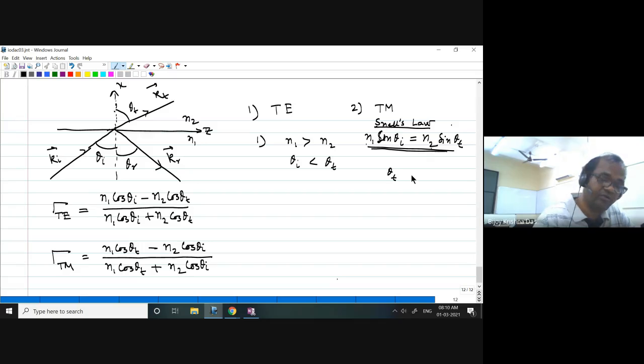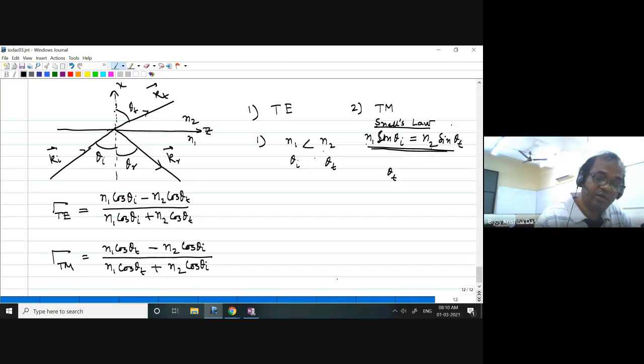I first want to discuss another thing, because I have written something else. Let us consider something like this: N1 less than N2, then what will theta I be? First I want to discuss this, then I will come to that point.